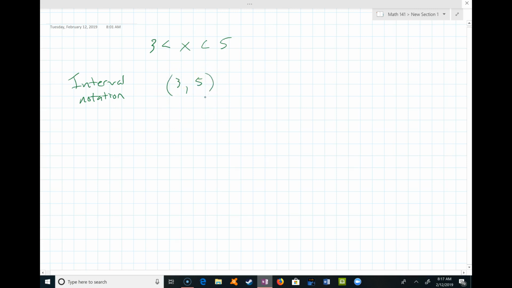Okay, and if you have to do more than one, let's say that you have all the numbers from 3 to 7, or x is greater than 10.